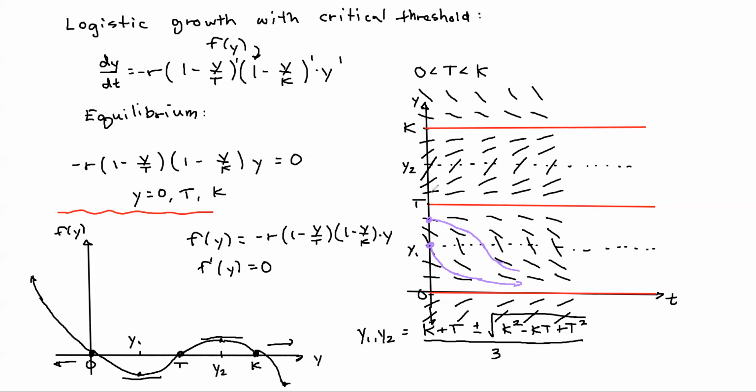And we could pick a point here above. It should curl up, then level off. And if you start here, it should start off upward, level off. Yeah, how about above?